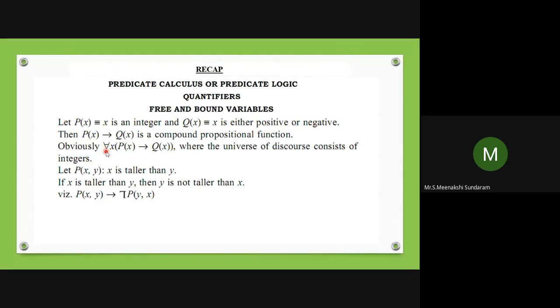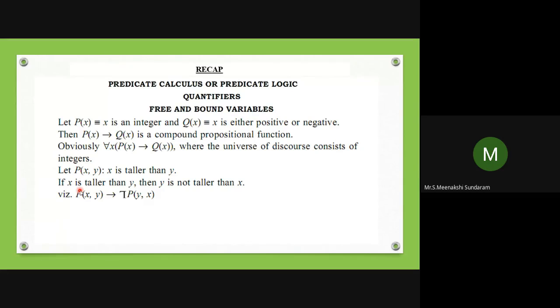Universal means for all, that is the upside-down A. Another one is the existential quantifier, that is the mirror image of E. So for all x, if P(x), if x is an integer, then x is either positive or negative, where the universe of discourse consists of the integers. That is the for all.